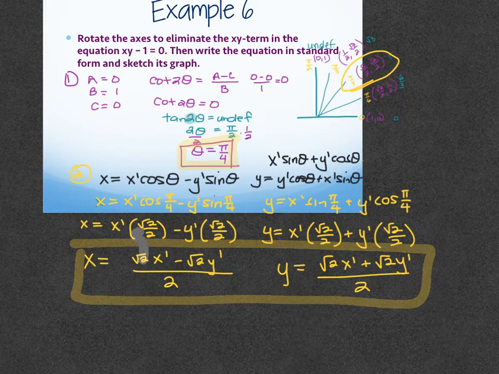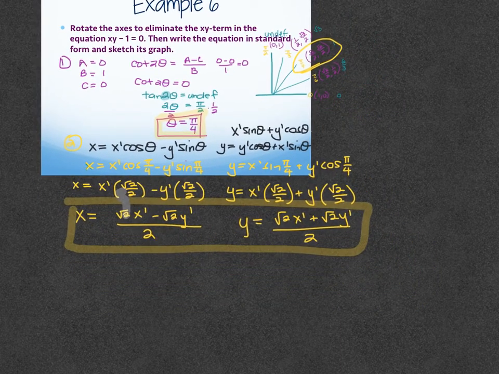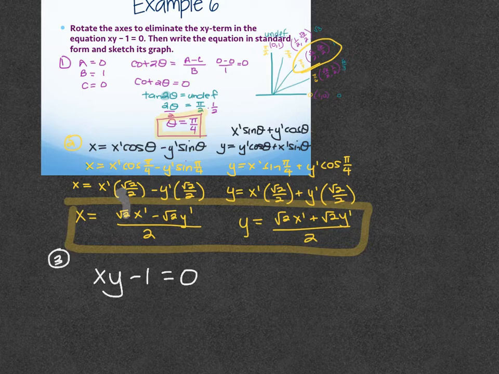Now I take those and I plug them back into the original equation. So x times y minus 1 equals 0 is my original equation. So this is kind of like step 3. And there's a lot of steps in between, but yeah. The x is root 2 times x prime minus root 2 times y prime over 2.